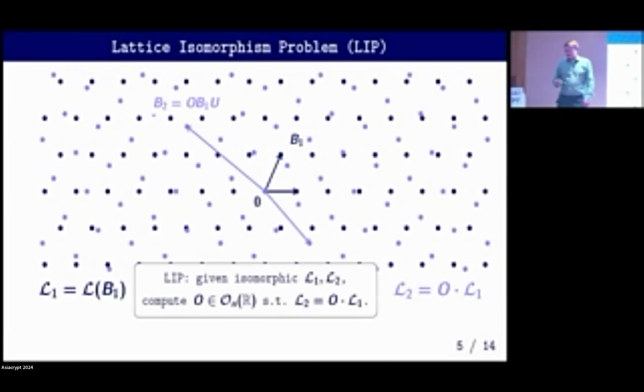If you get one of these lattices and an orthonormal transformation of the other, we call these two isomorphic, and then the lattice isomorphism problem asks you to recover this transformation. And note that here I changed the basis of this second lattice, and that's needed because otherwise it's just linear algebra to recover it.